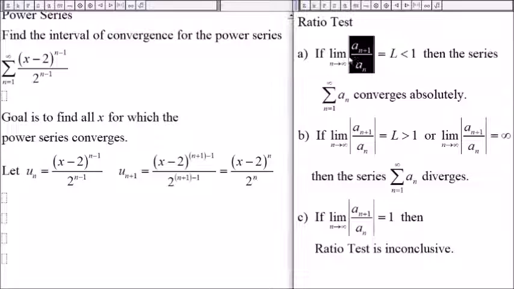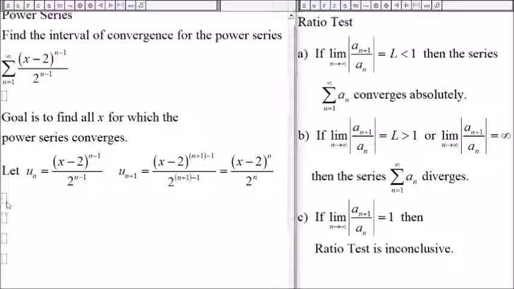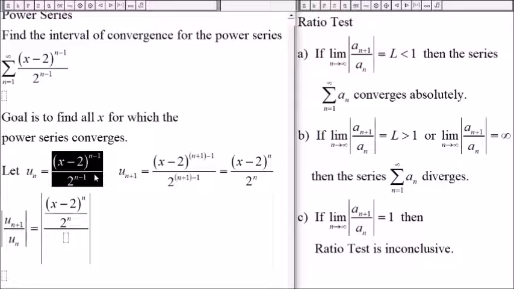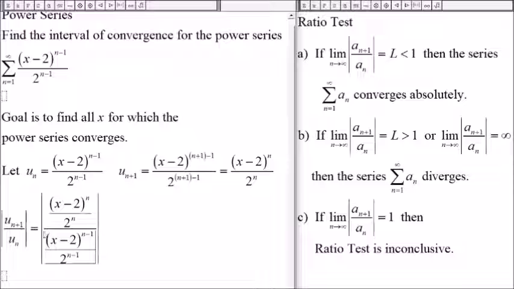And then now we need the ratio of u sub n plus 1 divided by u sub n. So u sub n is this, this is u sub n plus 1, and then u sub n is this.